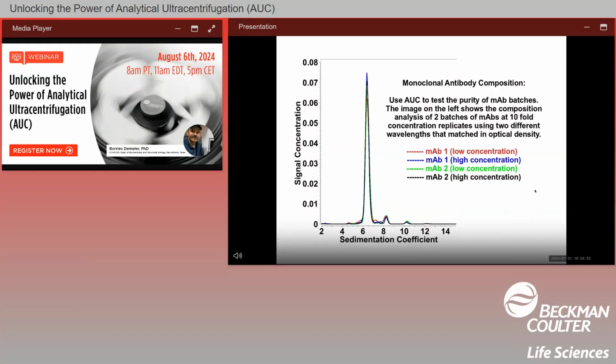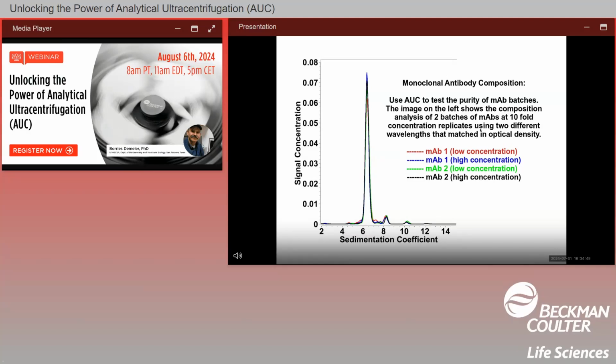Another example would be to characterize a monoclonal antibody. In such a case, it is important to know if there are any high molecular weight aggregates or contaminants present or degraded material.